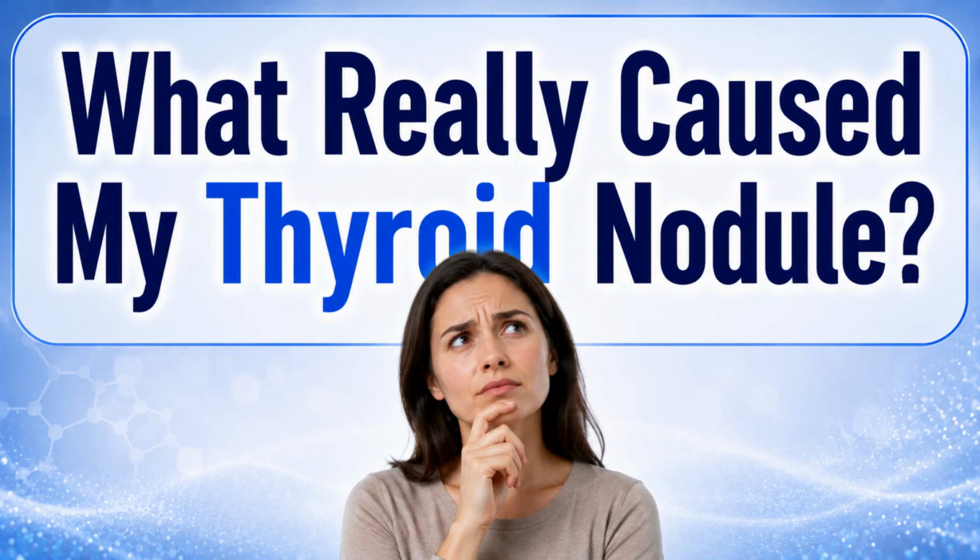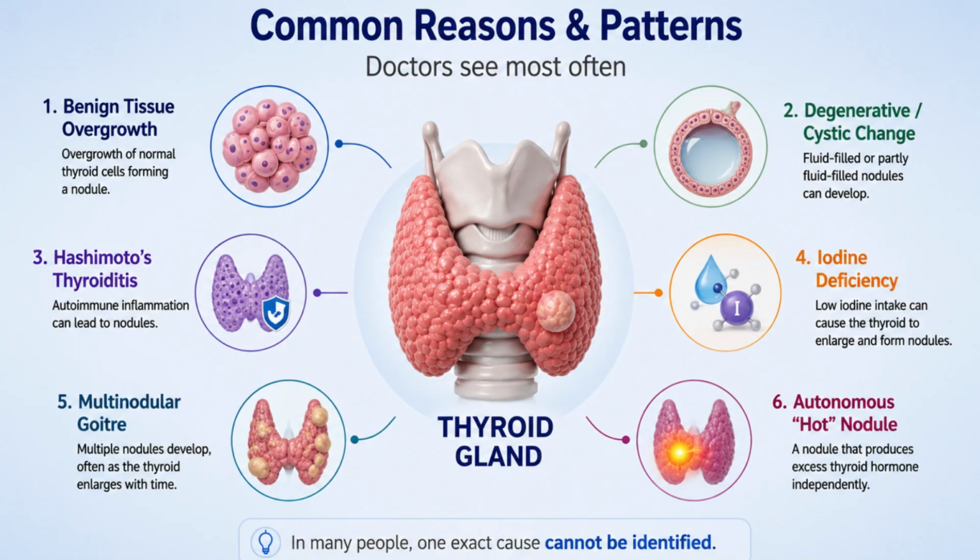In this video, we will explain the causes doctors see most often. These include benign thyroid tissue overgrowth, solid and cystic thyroid nodules, Hashimoto's thyroiditis, iodine deficiency, multinodular goitre, and hot thyroid nodules. We will also explain why, in many people, one exact cause cannot be identified.